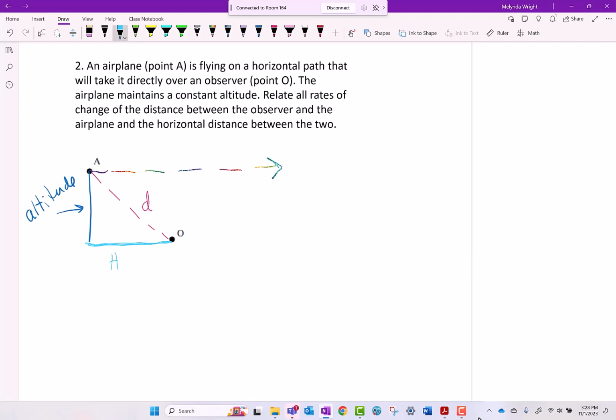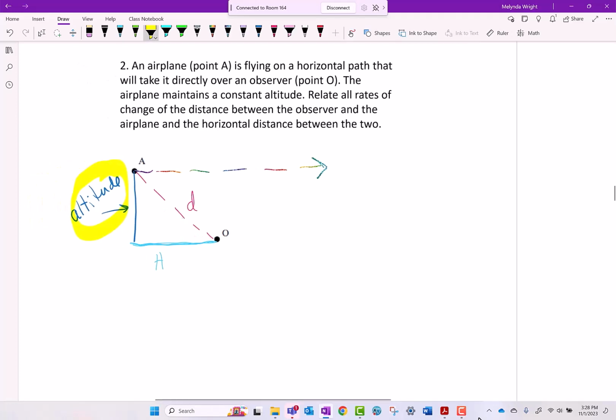Okay, so let's see what they're saying again. We want the rates of change between the distance of the observer, which is D, and the airplane and the horizontal distance between the two. So I've got 2 variables going on here: H and D. This is not a variable. This is a number, right? This is my setup.